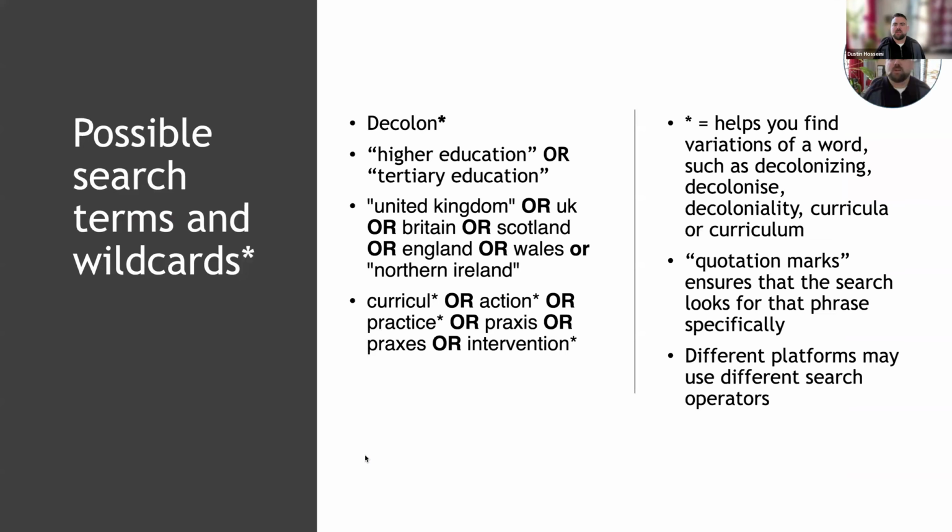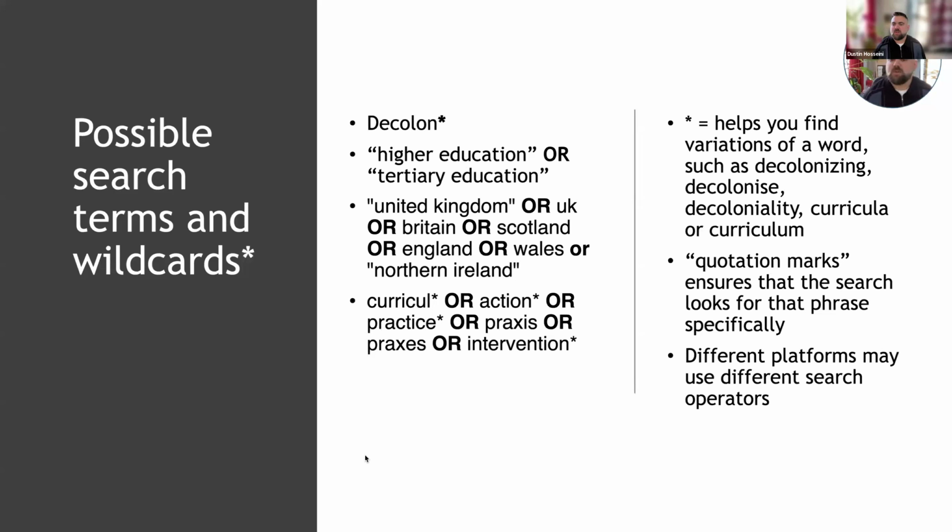And what I did was, as you can see here, I took the keywords and I used wildcards. Now, wildcards are marked by the star or asterisk. These help you to find variations of a word, such as decolonizing, decolonize, decolonial, decoloniality, or curricula or curriculum. That way you don't have to search the individual words explicitly.